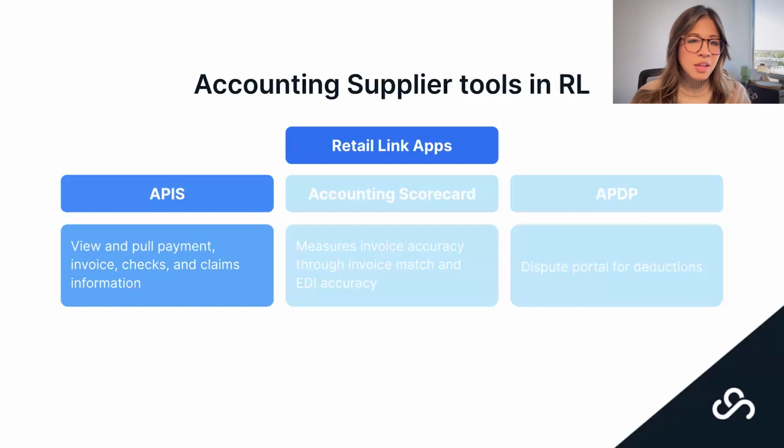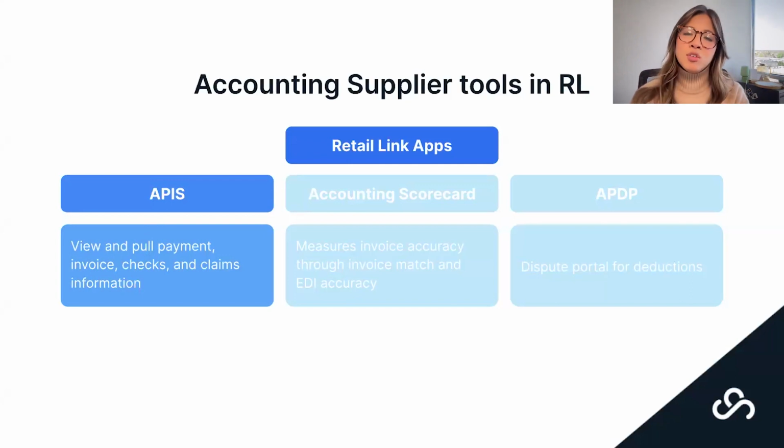APIS stands for the Accounts Payable Inquiry System. This is where you can view and pull any of your payments, your invoices, your checks, and your claims from Walmart. If you log into Retail Link, you can go to the apps section, type in APIS, search for that, or Control F it, and you should have access to it out of the box.